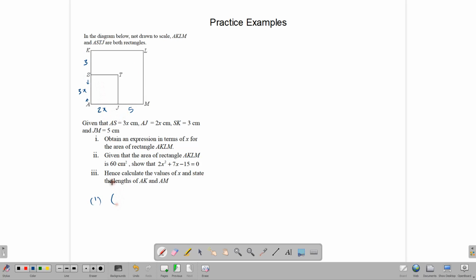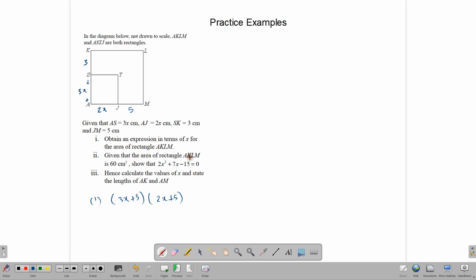So we have, for the length or base and height, 3x plus 3, and 2x plus 5. And that suffices for the area of the rectangle.